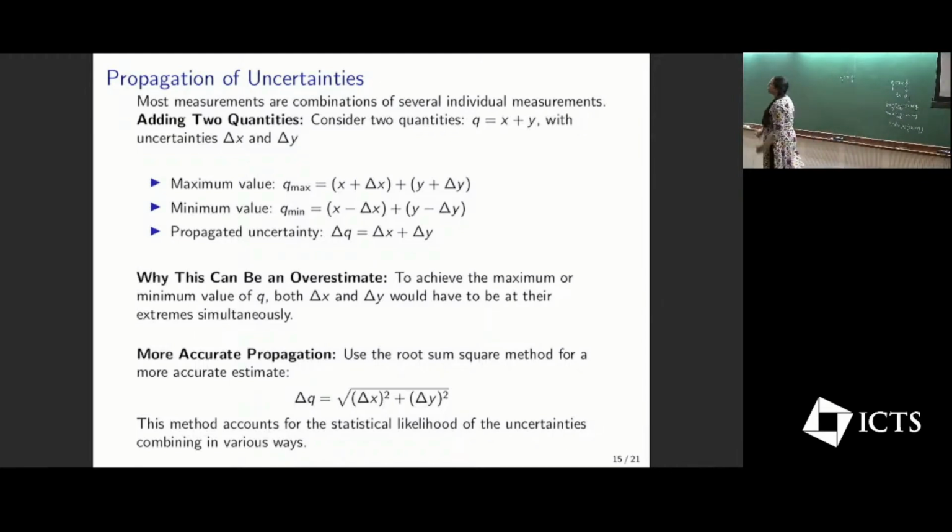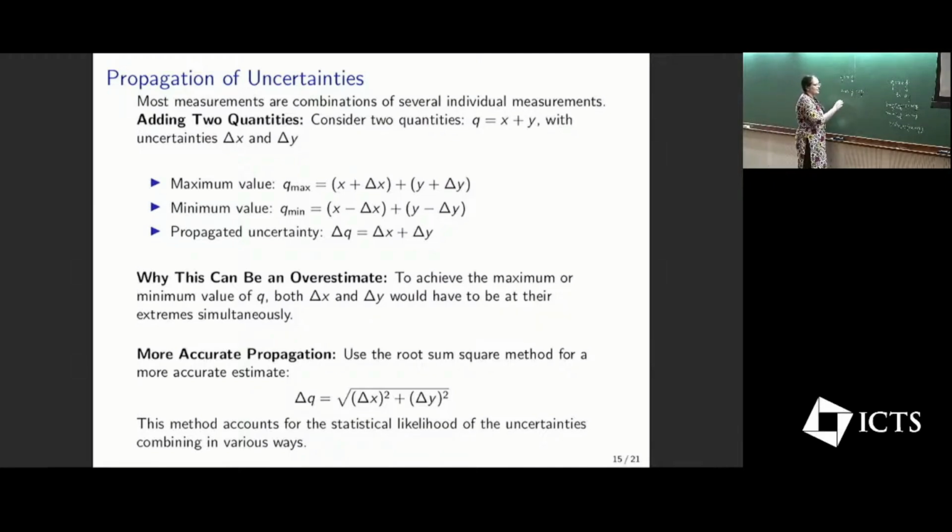Yeah, okay, so let's work it out. What is the largest value of Q? x plus delta x minus y minus delta y. Is this the largest? Okay.